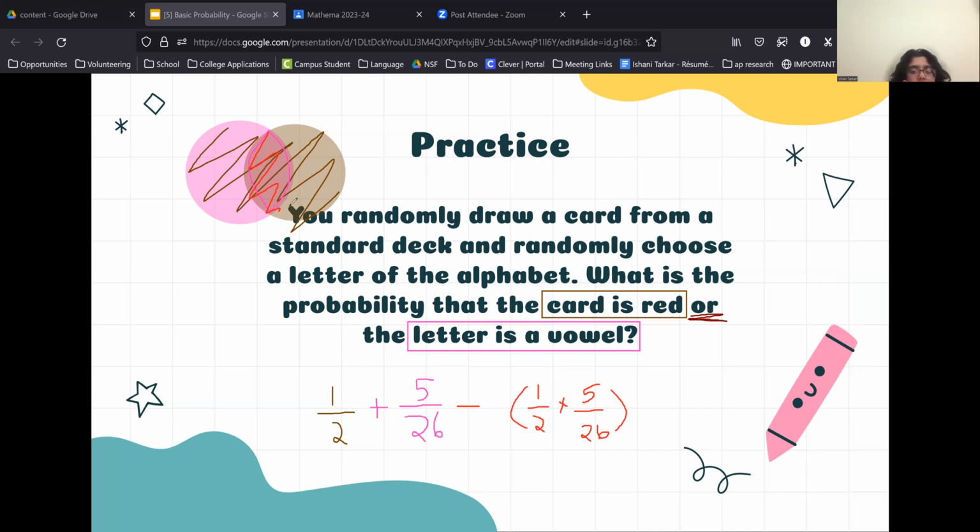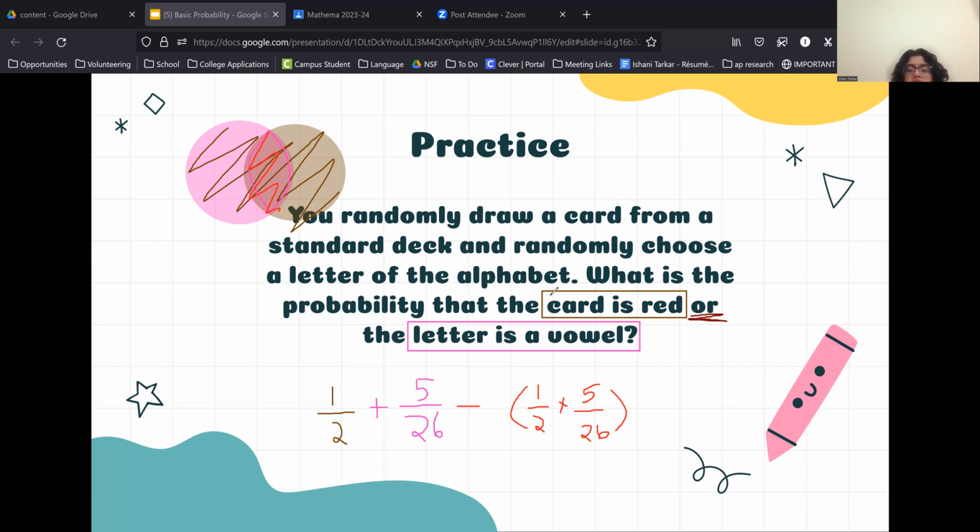So the intersection in this case would be the probability that the card is red and that the letter is a vowel, right? Because we would count those cases when the card is red, but we'd also count those cases when we're looking at if the letter is a vowel, right? Because there is a world in which we can pull a red card and have a vowel, right?